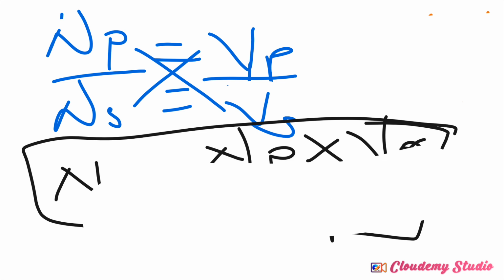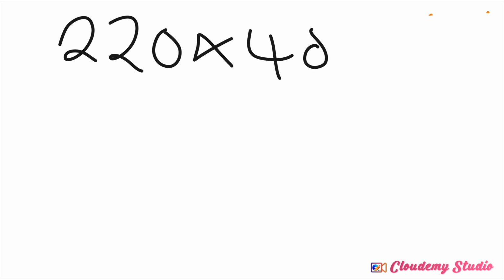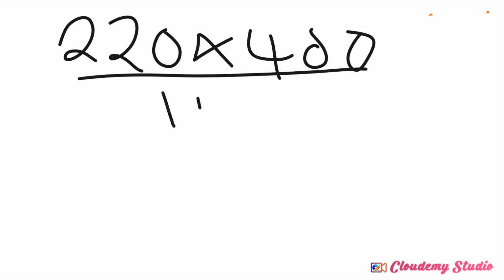So from here, we are now going to solve it this way. We have already been given the data that we collected, so just start replacing the figures there. Replacing the voltage in the primary and the voltage in the secondary, we're going to say 220 volts times 400 over 110.